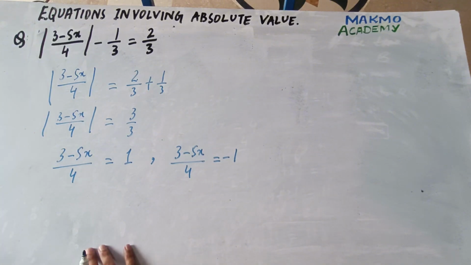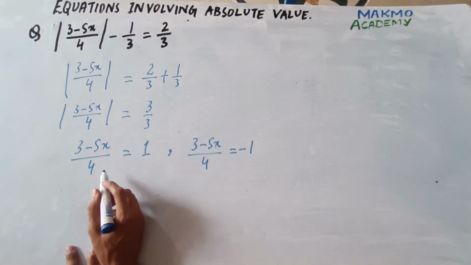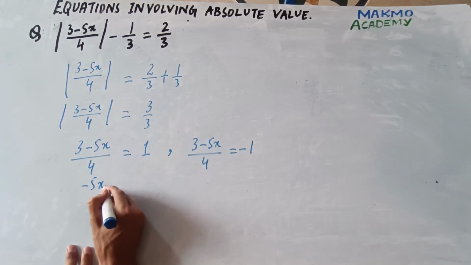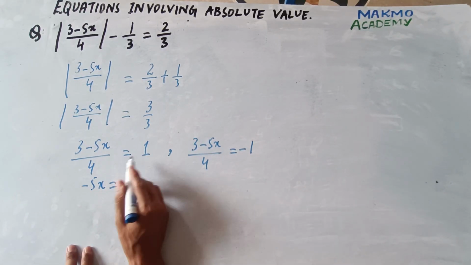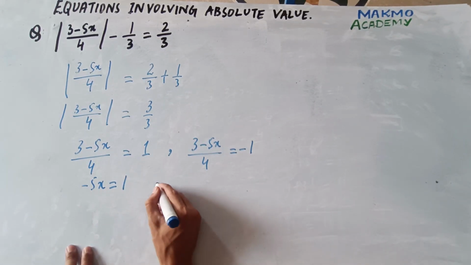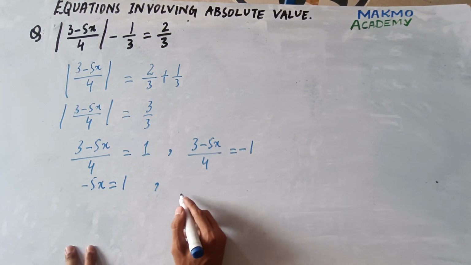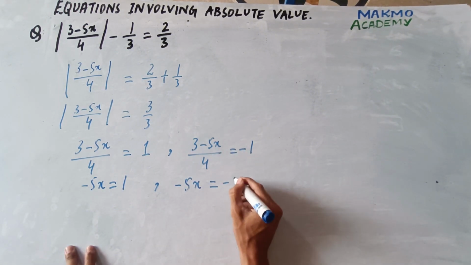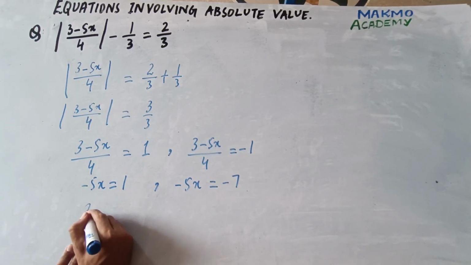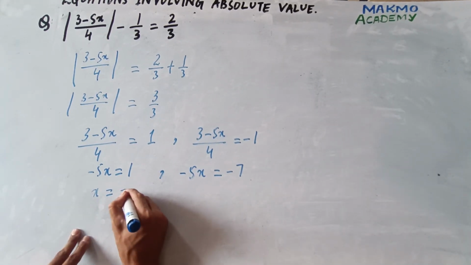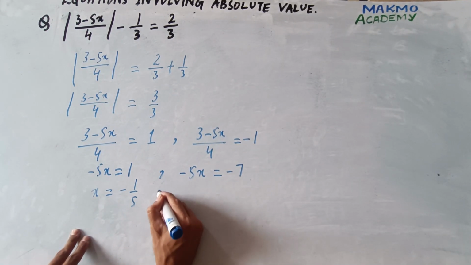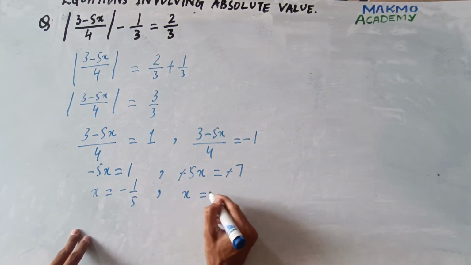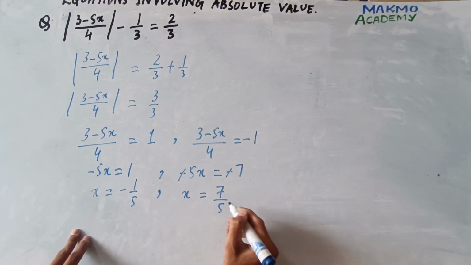Now one by one you can solve it. 4 ones are 4, 3 will go there, so you will get minus 5x is equal to 4 minus 3, which will be 1, and over here 4 ones are minus 4, so minus 5x is equal to minus 4 minus 3, which is minus 7. So over here, x is equal to minus 1 upon 5, and over here minus and minus will cancel, so you will get x is equal to 7 upon 5.